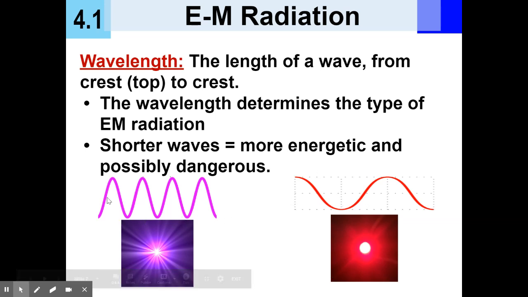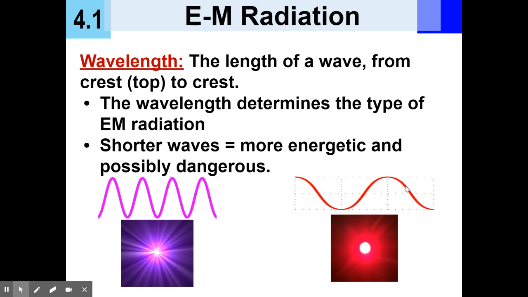In fact, even beyond visible light, you can get shorter than violet light. Any wave that is shorter than violet light becomes ultraviolet light, and we are no longer able to see it. Our eyes can't process that information, but the energy is there. On the other hand, wavelengths that get longer than red, they still exist. We just, again, are no longer able to see them.